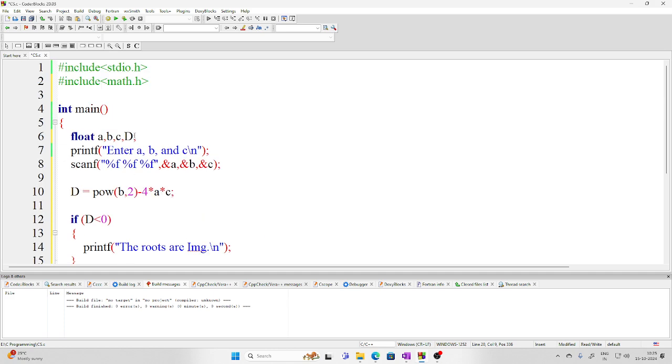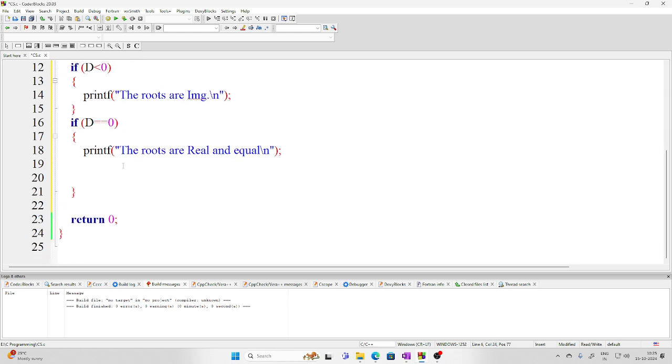So what are roots? Let me define these roots as r1 and r2. Here r1 will be equal to r2, and that will be equal to minus b by 2a, and then you have to print these.